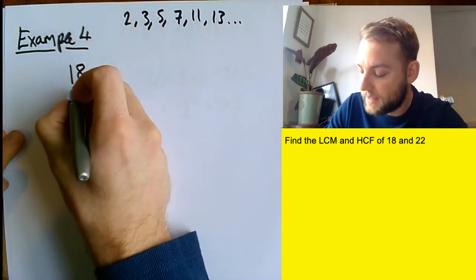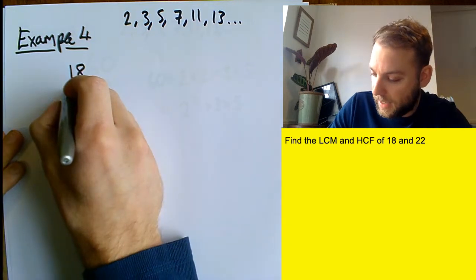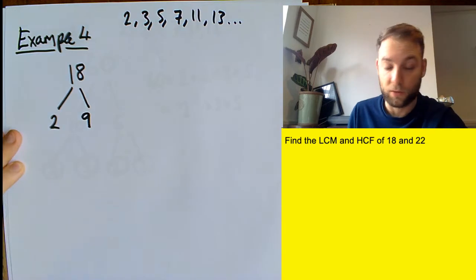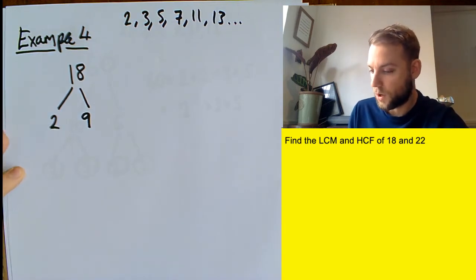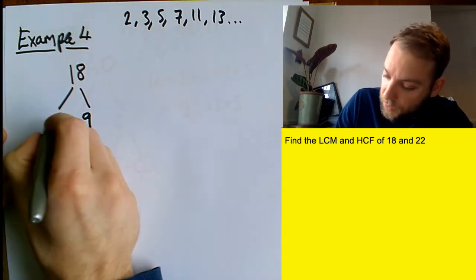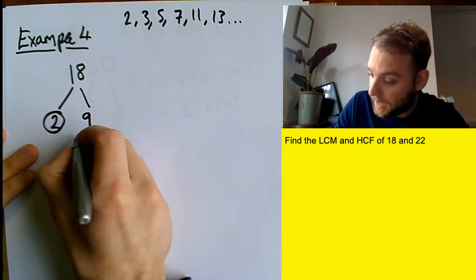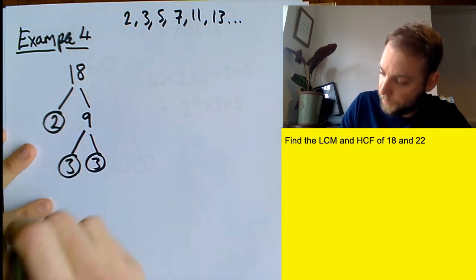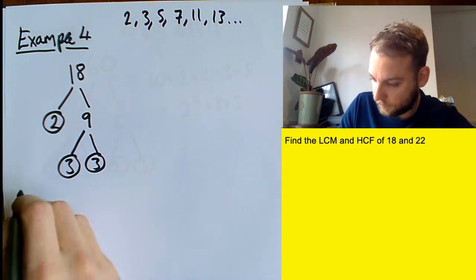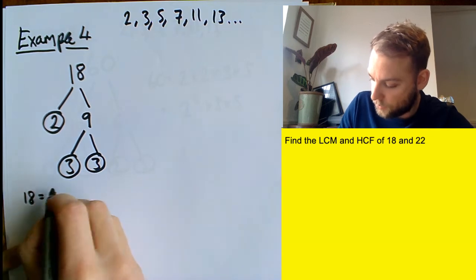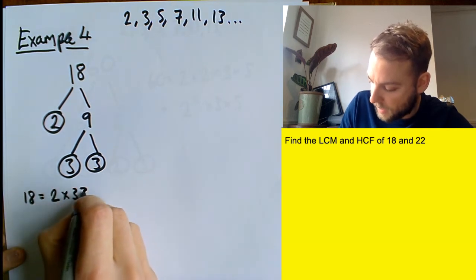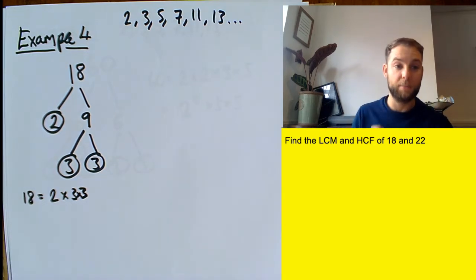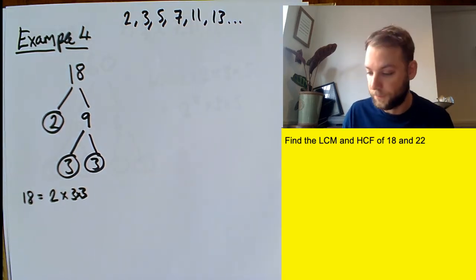So let's split 18 up. The numbers that go into it are 2 and 9. We have actually already done this one. 2 is a prime, so I'm going to circle that one. What numbers go into 9? Well, 3 goes into 9 3 times, and they are both primes. So 18 is equal to 2 times 3 times 3. You can write that as 2 times 3 squared. I'm just going to leave that there for now, and you'll see why in a second.